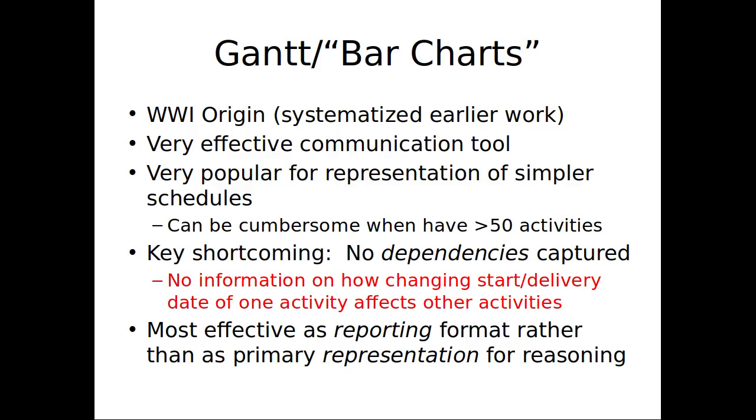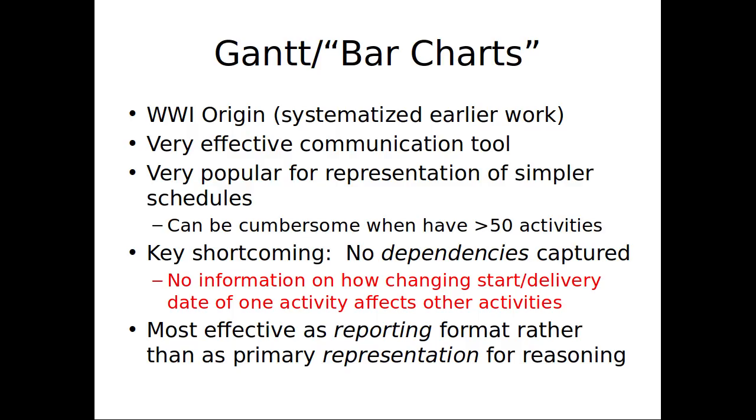Gantt charts are one of the most common things you will see in project management today. There are, at this time, probably literally millions of projects worldwide that are using Gantt charts. And it's a reflection of the fact that they are very effective in communication. They're very effective at giving us a high-level understanding of how a project is anticipated to play out.